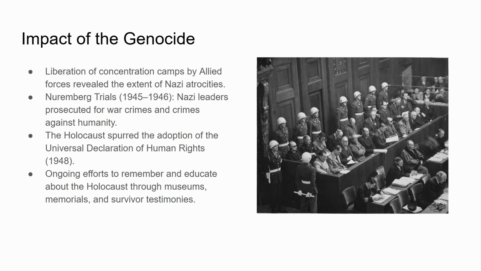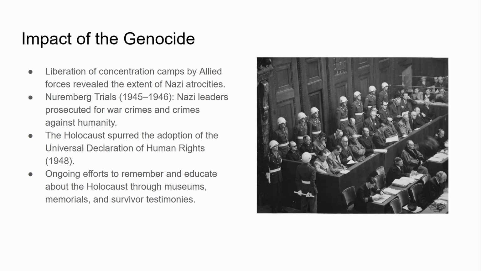Because beforehand, they were mostly kept secret, or in the case of the German people, they just ignored it and took it as day-to-day life. Like it was just something normal for them, so they just ignored it.